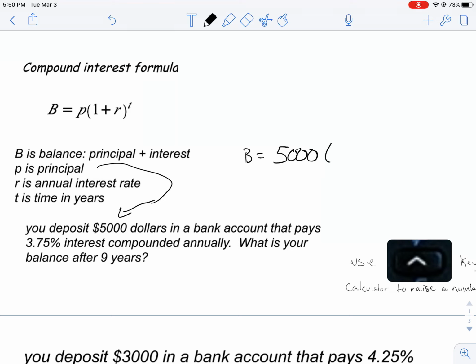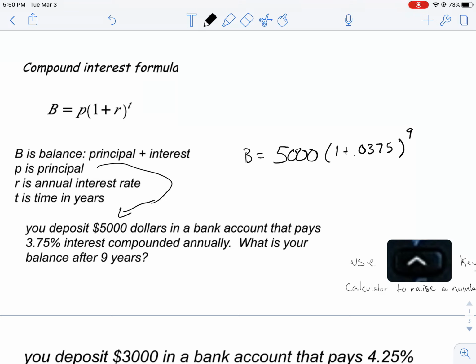We're going to times that by 1 plus our rate. So that's 1 plus our 3.75%, which I'm going to convert into a decimal, 0.0375. And then we're going to take that to the 9th power. So the years is our power, and that's going to be to the 9th.